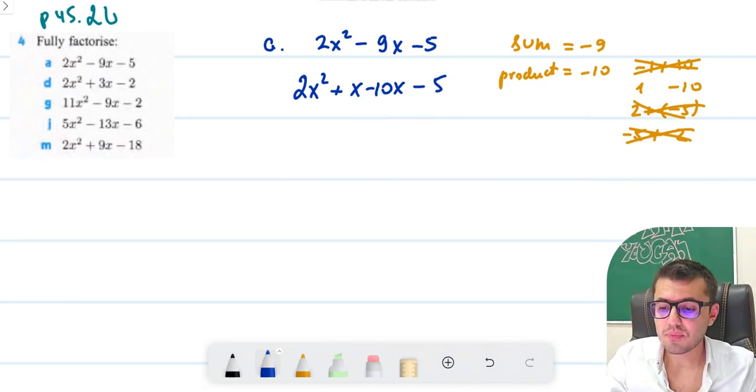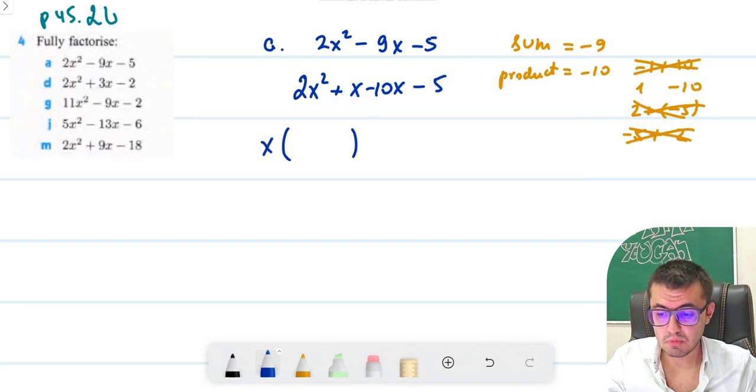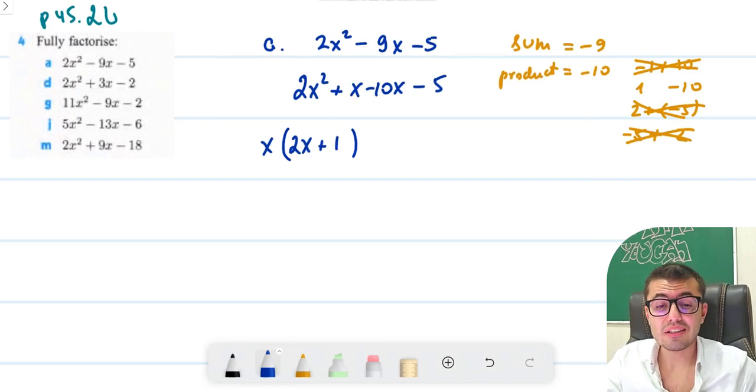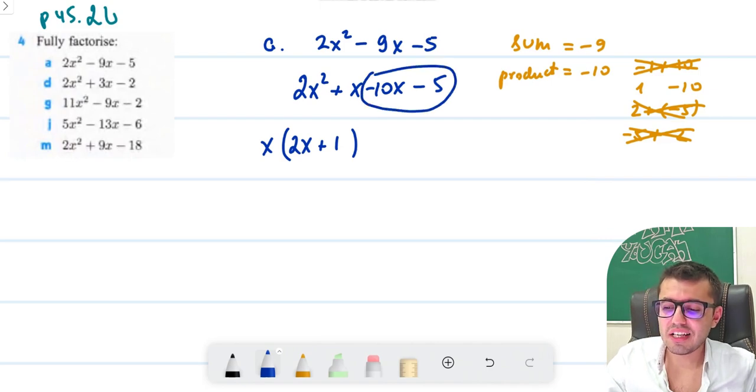What I do next is factorize something from these two terms. I can factor out x because x is common to both of them. What's left inside is 2x, since this is gone because I factored out x, and the x leaves 1. Then what to factor out here?